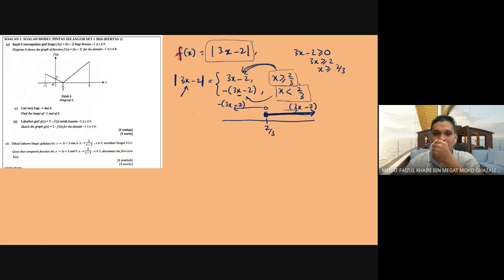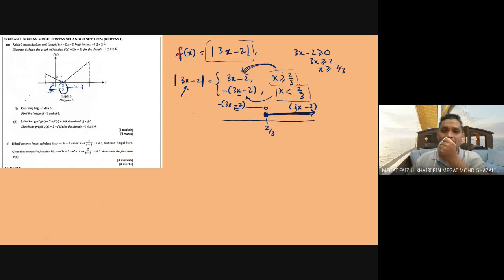Now if we refer to this graph, this is 2 over 3. Greater than 2 over 3 is for the function of 3x minus 2. And the domain less than 2 over 3, look at this, this graph represents the negative 3x minus 2.